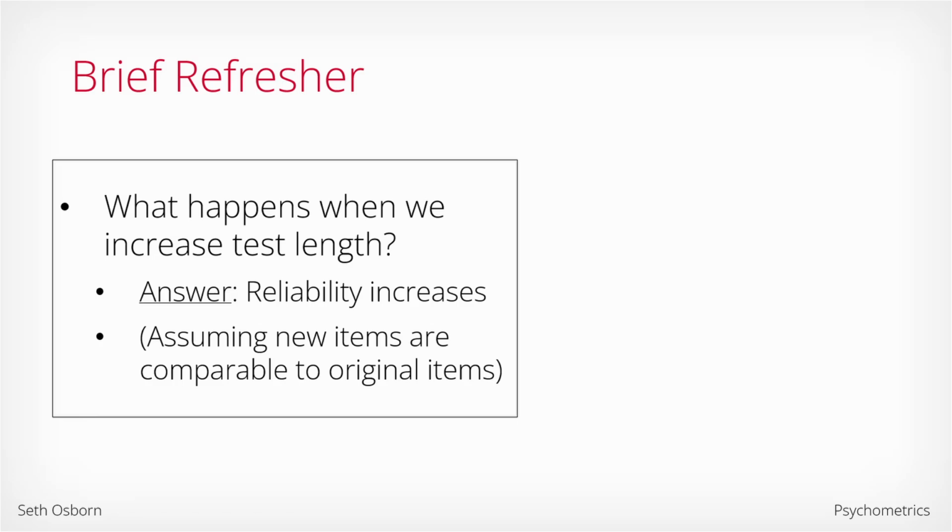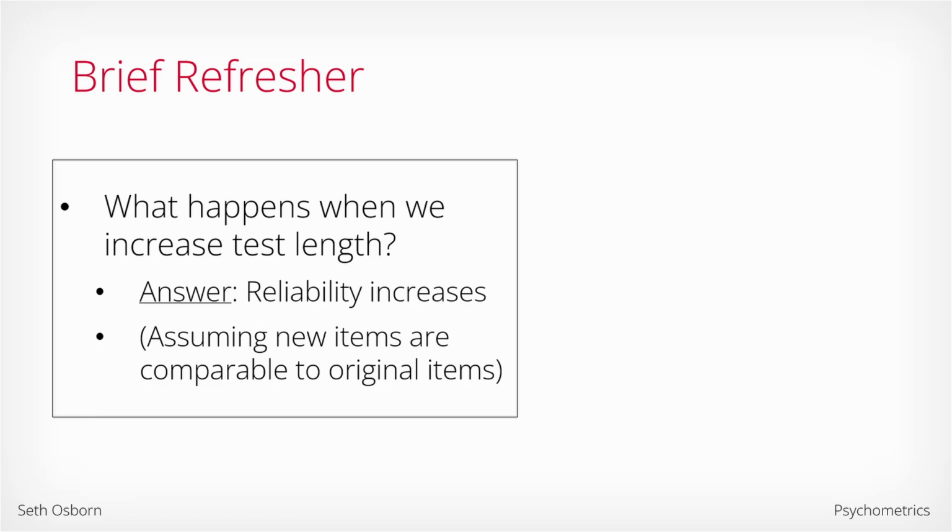This is because the more good items we've got, the more that individuals' observed scores will tend to converge on their true scores. As a result, there's less random error, and the proportion of variance in the data set that is true score variance will be higher. And that's what reliability is. It's the proportion of variance that's attributable to true score.